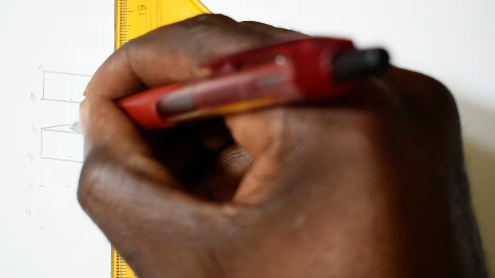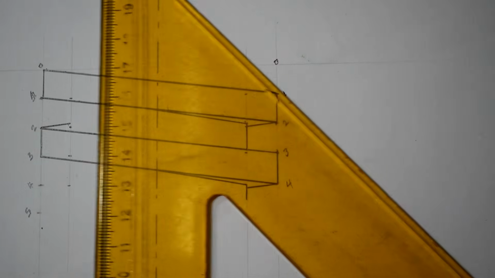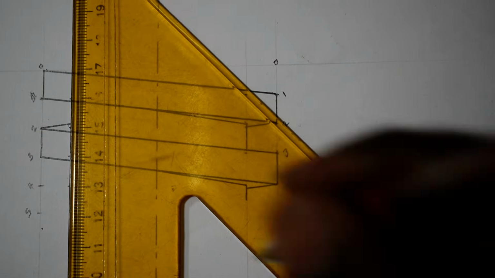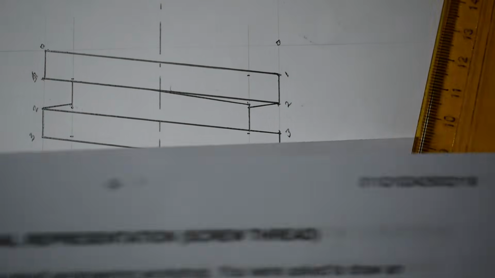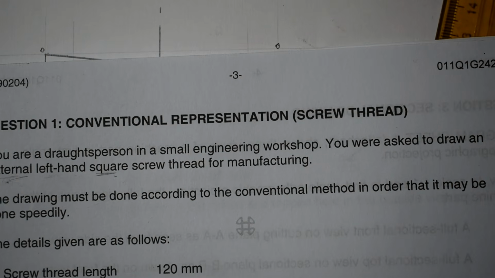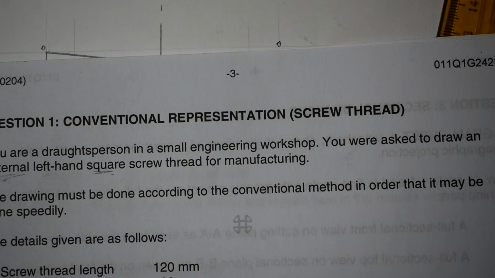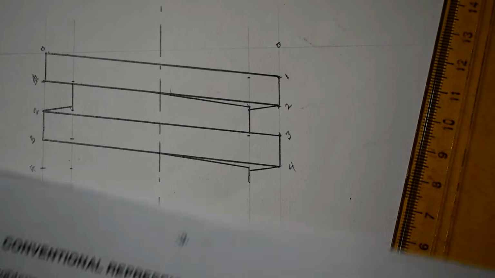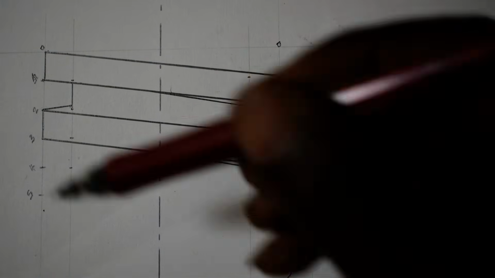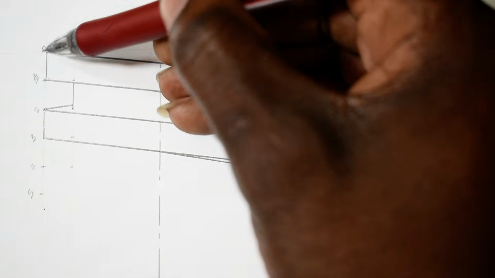Don't forget about this point. And how did you get these inner points? It was 0.5 times your pitch. The pitch which you were given right from your data given. They said a pitch of 20 millimeter. You understand? So from here till here is half a pitch, but from here till here it's a full pitch.